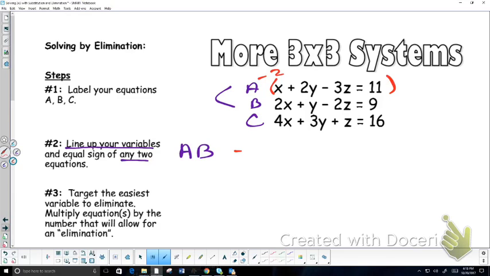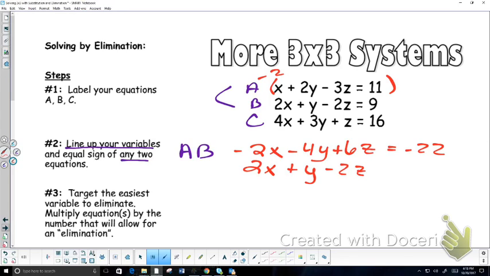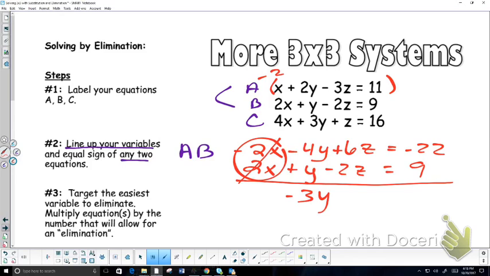So A would become -2x minus 4y plus 6z equals -22, while B would remain 2x plus y minus 2z equals 9. Based on that, you'll notice my x's disappear. Once again, getting me down to two variables.